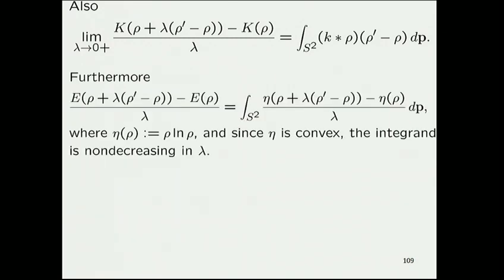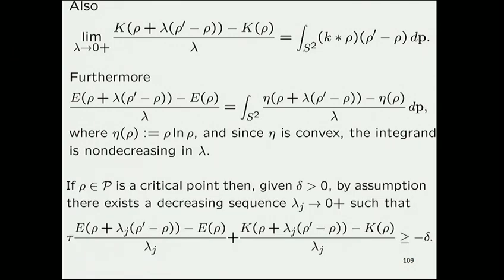Okay, now what about the E term? Well, E of rho plus lambda rho prime minus E of rho over lambda is equal to this expression where eta is rho log rho. And since eta is convex, this difference quotient is non-decreasing in lambda. Okay, so that's a key point.